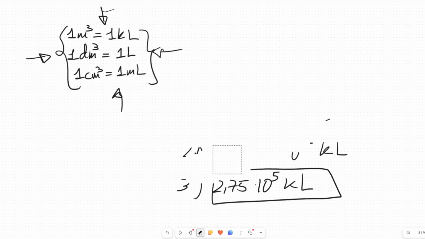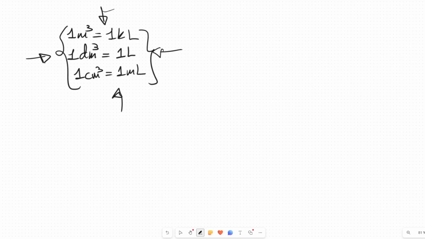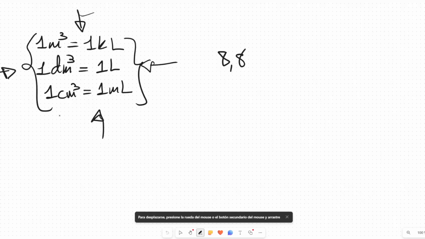Let's write down, for example, a different unit from this, right? I'm always using the 2, I'm going to change the number. 8.8 times 10 to the power of 2 cubic millimeters. And I want to see this in centiliters, for example.